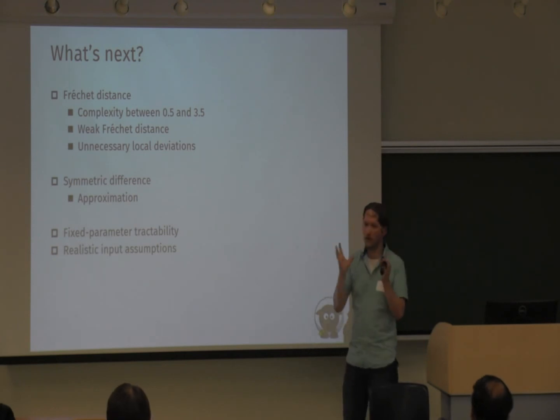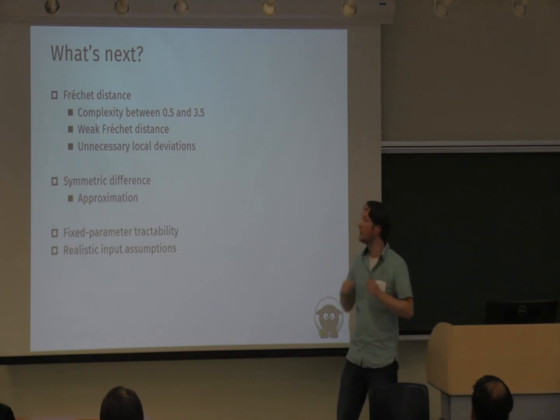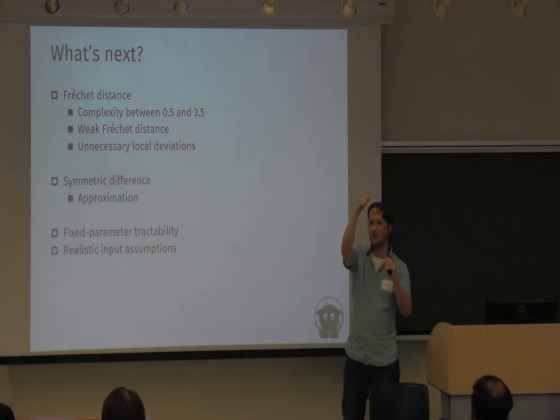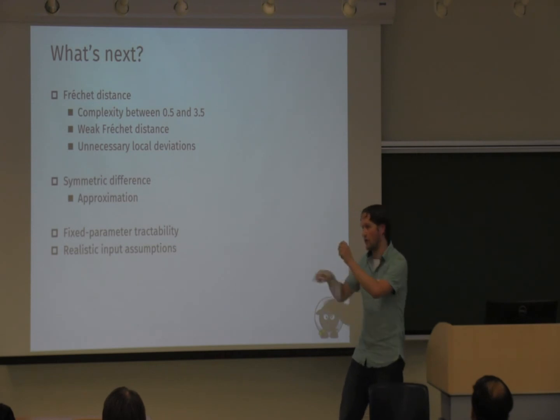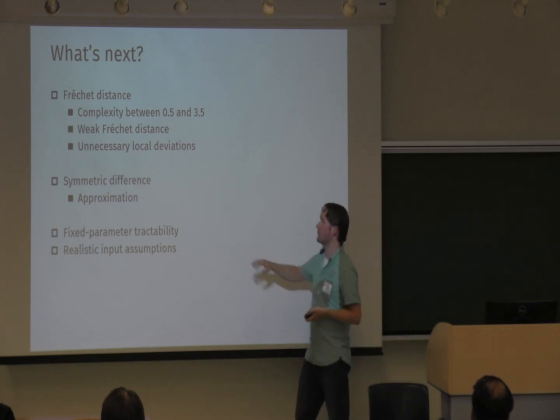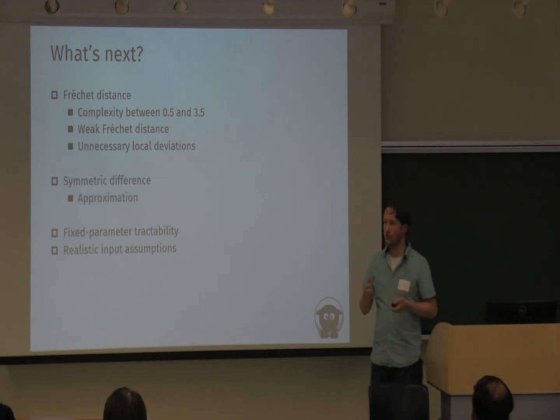So if you have a polygon that forces you to have a huge Fréchet distance in one part because it's wiggling all the way, but you could follow it very nicely on other parts, then this bottleneck is just saying the Fréchet distance is huge here. If you don't pay attention to it, you could also start doing anything on the nicely followable part, just because it's still within the Fréchet distance. So if you're trying to really make maps this way, you have to take care of this issue. You want to make sure that you're not unnecessarily wiggling around it.